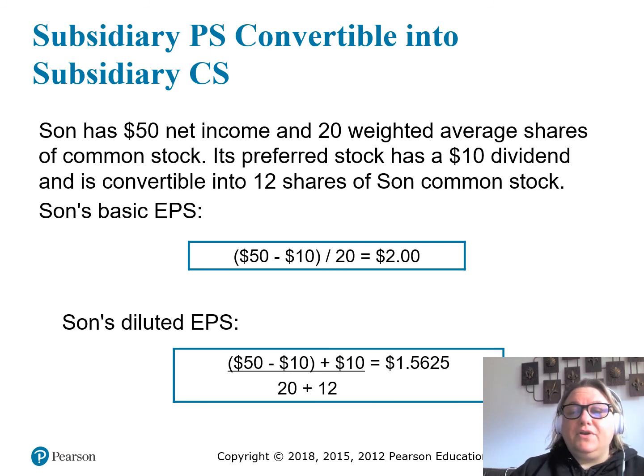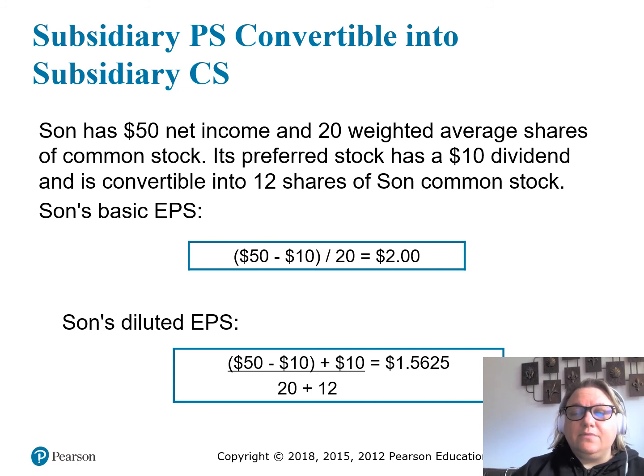So the preferred had a $10 dividend and is convertible into 12 shares of son's common. So what's basically happening right now is you could take that preferred out at any time and go make a claim against common. So you could look at the basic earnings per share, right? The basic EPS, you take that net income and subtract that $10 dividend, and then divide it by the weighted average shares.